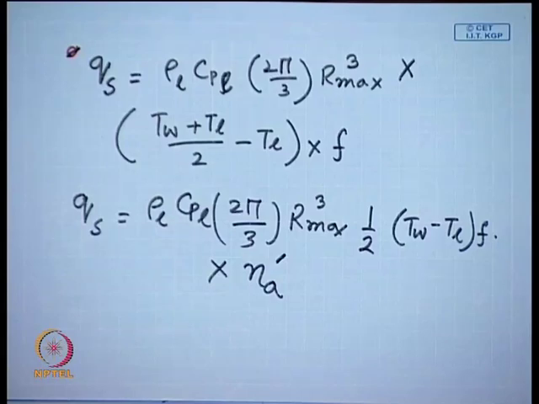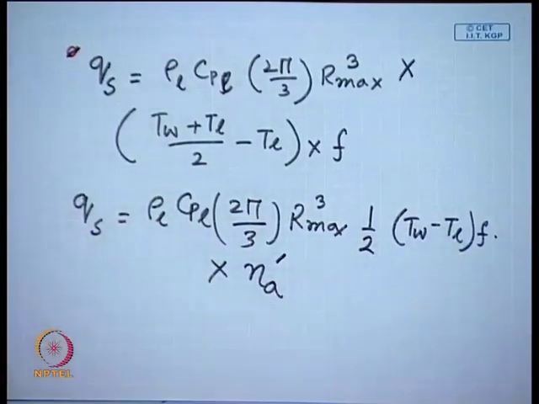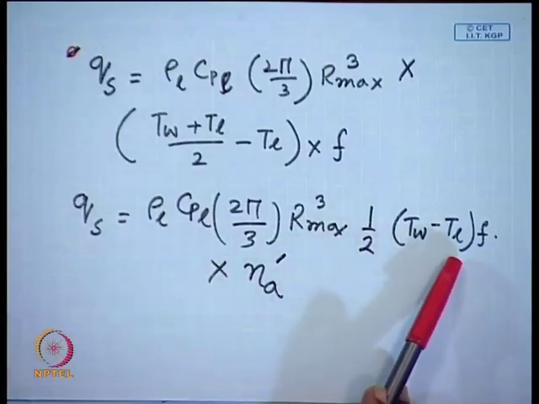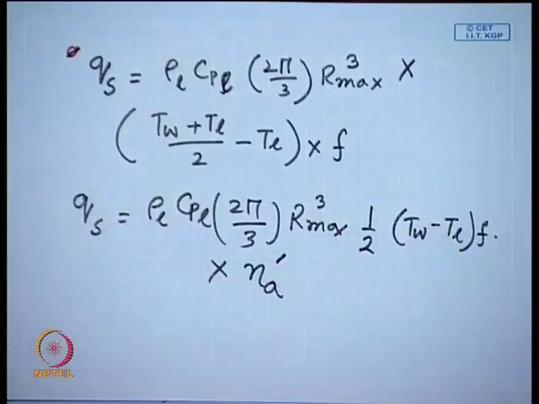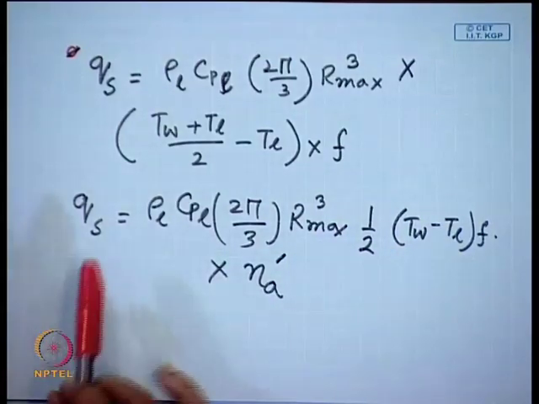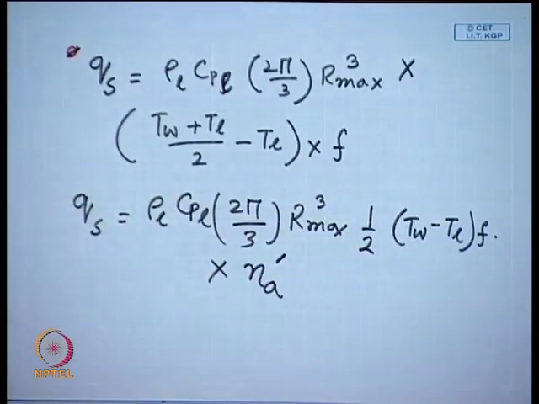Second thing, there is a very important observation, this we have already mentioned and again I am mentioning, that Q s is directly proportional to T w minus T L, that is the temperature difference between the wall and the bulk of the fluid. But all the experiments show that this relationship is not reflected by the experimental data.